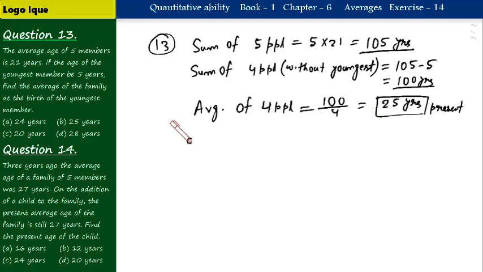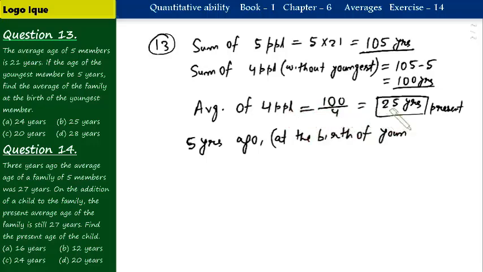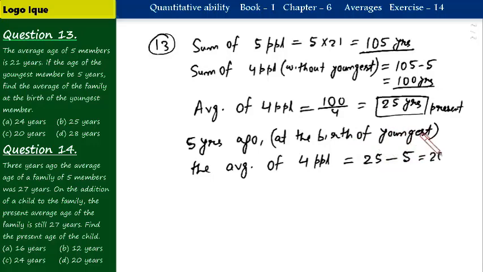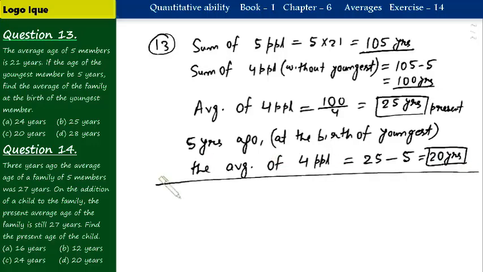So 5 years ago, that is at the birth of the youngest, we will not include the youngest because he was just born. The average of the 4 people of the family would be simply 25 minus 5, because everybody's age would be 5 years less, so it would be 20 years. That was the average at that time.